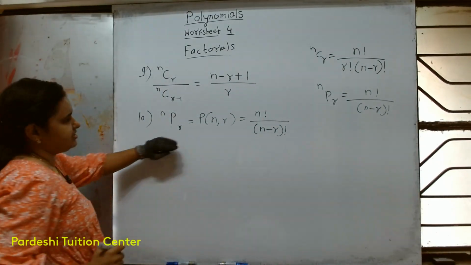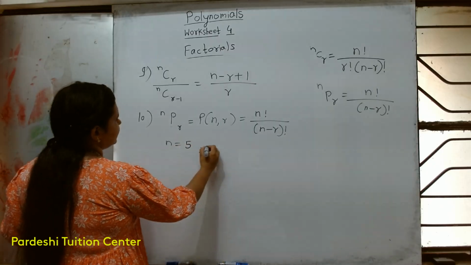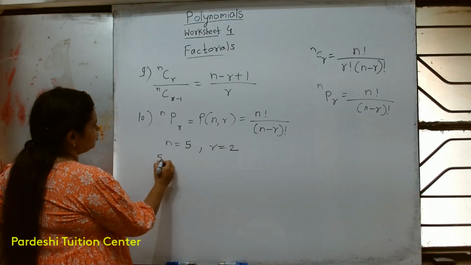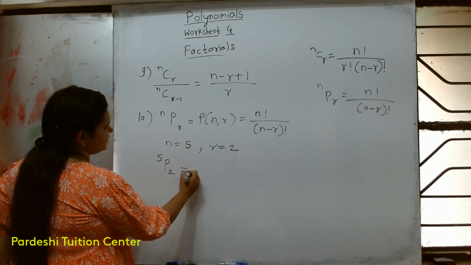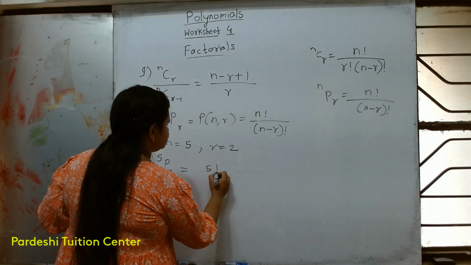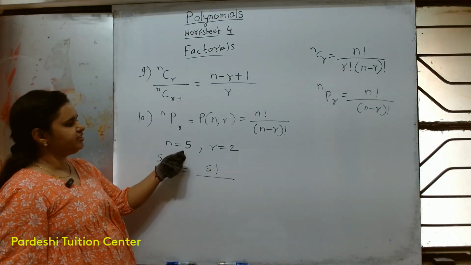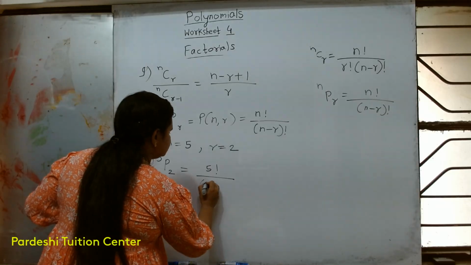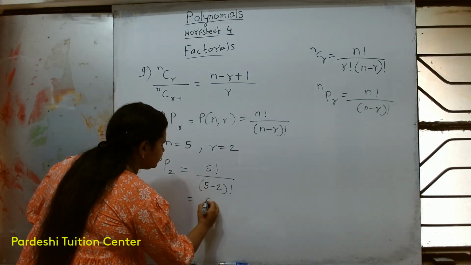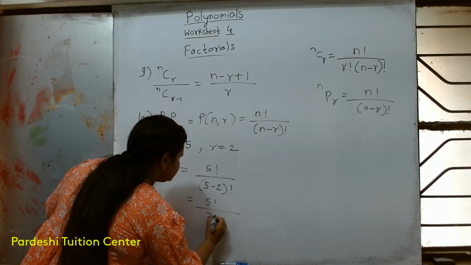Now if I check it, if I put n as 5 and r as 2, it will be 5P2. It equals n factorial, meaning 5 factorial, upon (n minus r) factorial. N minus r means 5 minus 2, so it will be 5 factorial upon 3 factorial.